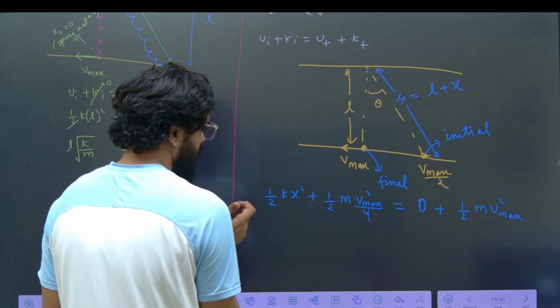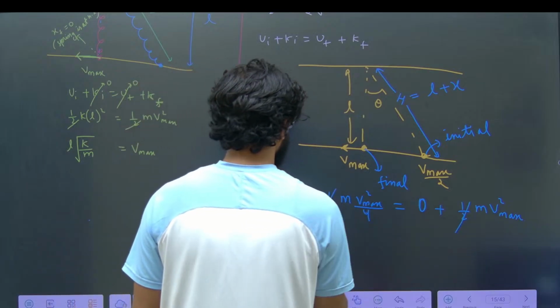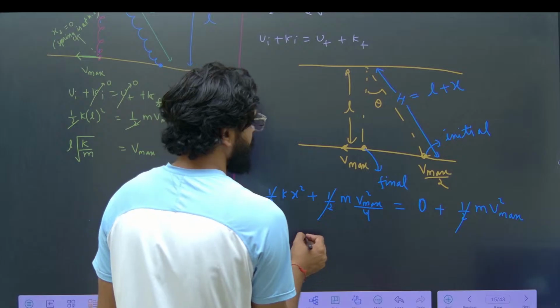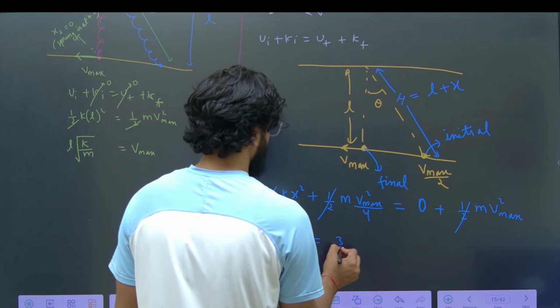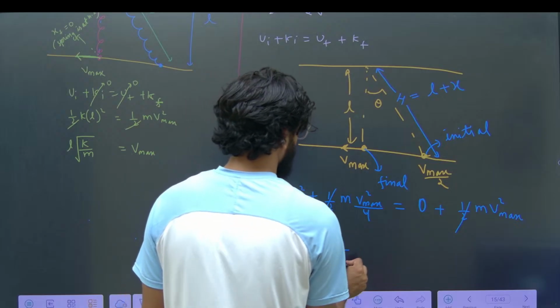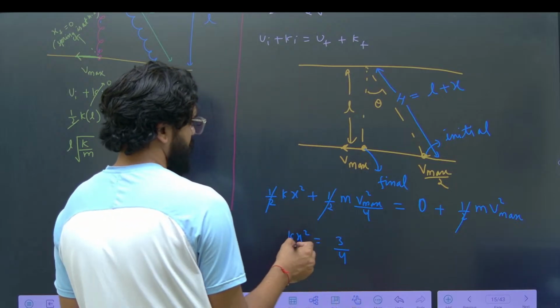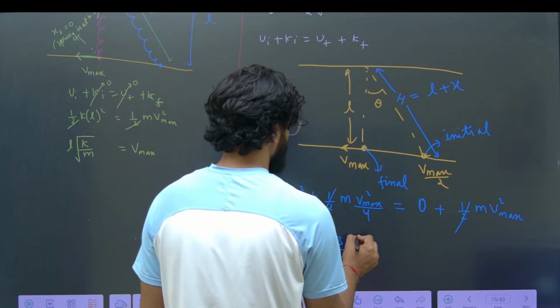Okay, so let's cancel half like this. Kx square will be 3 by 4 V max square.